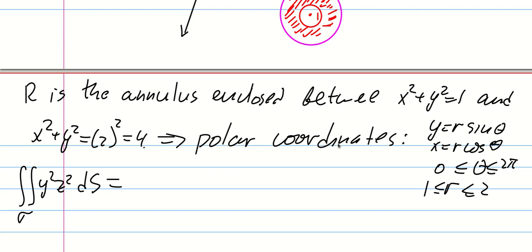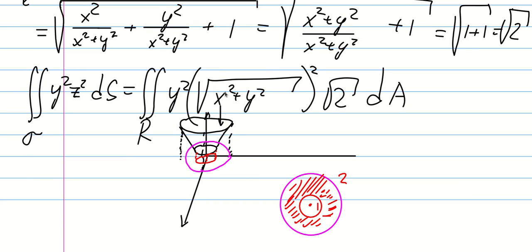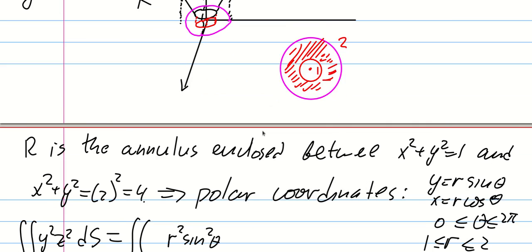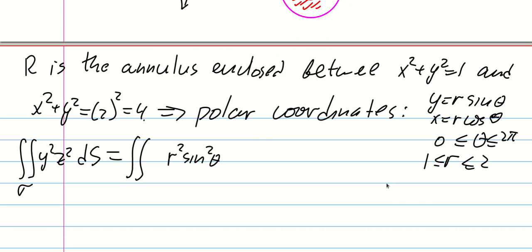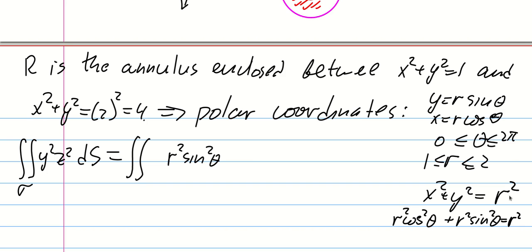So for y squared we're going to put r squared sine squared of theta. Then for the square root squared it's just x squared plus y squared, but we know that x squared plus y squared is going to be equal to r squared. Why is that? Because x squared is r squared cosine squared of theta, and y squared is r squared sine squared of theta, so we're going to get r squared.